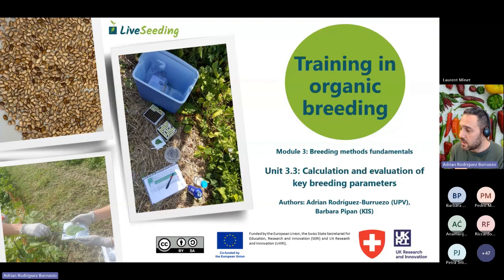Anyway, we decided not to go into detail with these breeding parameters because it can be very difficult to understand. I was a student years ago, and I remember that if you go further into detail with the breeding parameters, particularly in quantitative traits, it can be a total nightmare.